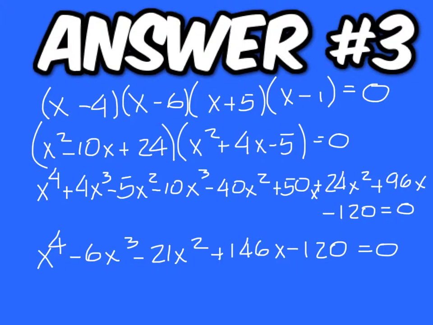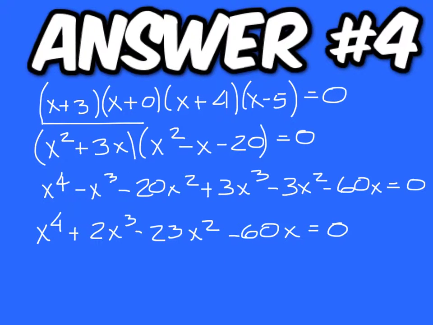The third one, x to the fourth minus 6x cubed minus 21x squared plus 146x minus 120. I have not 21, I have 20. Number 4 is x to the fourth plus 2x to the third minus 23x squared minus 60x equals 0.